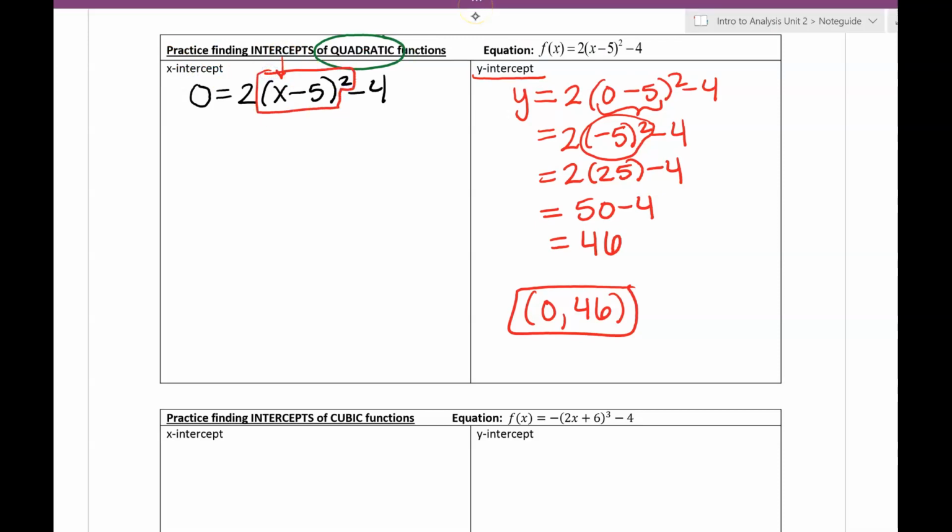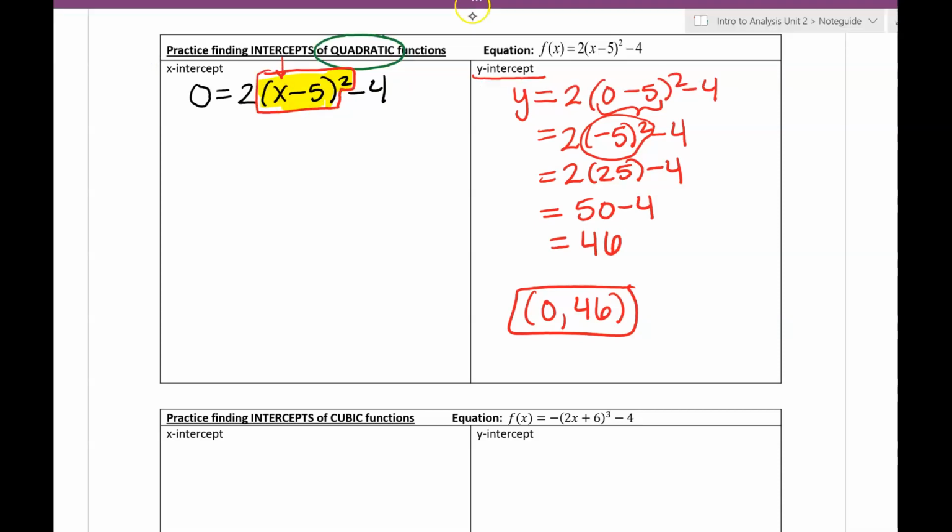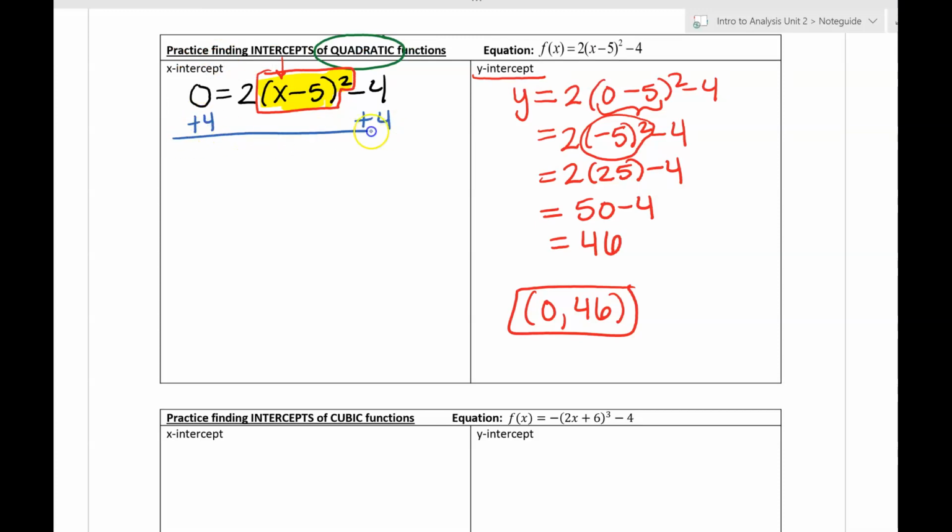So our first goal is going to be to isolate, or to get alone, this perfect square. So we're going to cancel out the values that surround it. So I'm going to add 4 to both sides. Then I'm going to divide by 2, because of this coefficient of 2 here. So I have 2 equals x minus 5 squared.